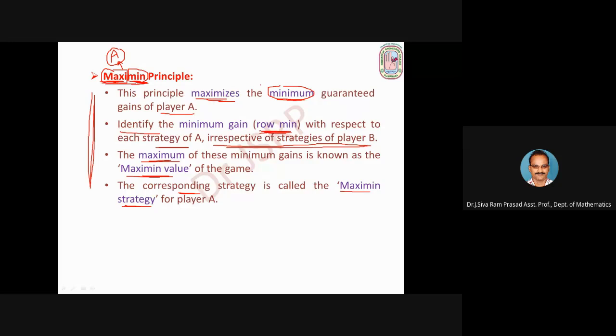Okay, right. Next, another principle for player B, opposite to this principle, that is minimax principle. So this principle corresponds to player B. So what is its meaning? Observe, here we have two terms, minimize and maximize. So this principle gives minimum of maximum losses.